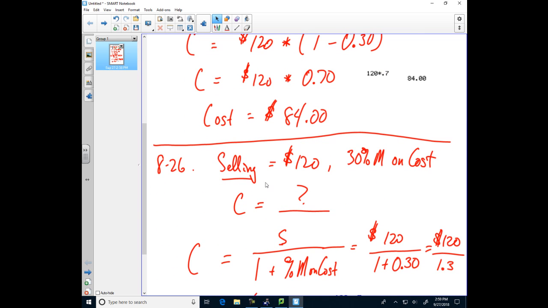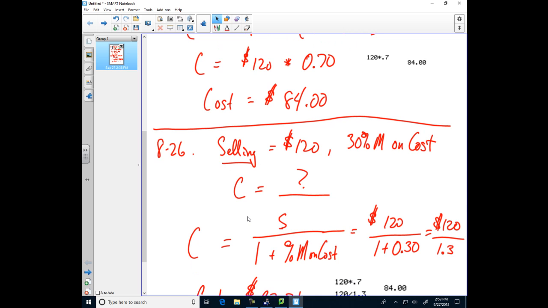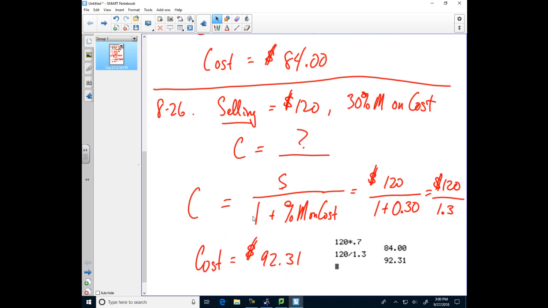But again, write down what you know and what you're looking for, and then go look for a formula. Hopefully that's already been arranged such that what you're looking for is over here by itself, and what you're given or can easily determine is over here on the right. And then plug your numbers in. There you go.